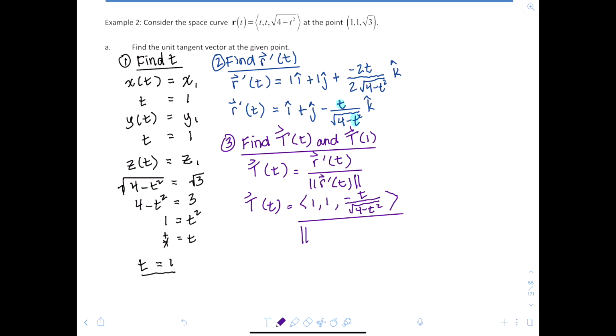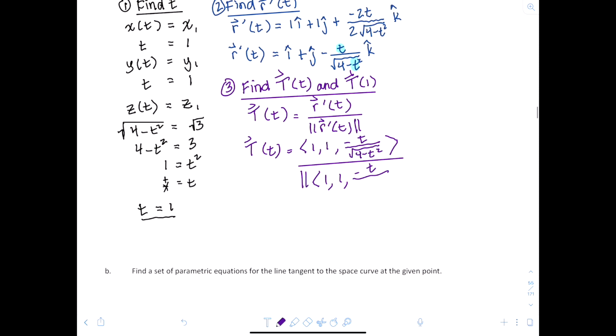The magnitude of 1, and then negative t over the square root of 4 minus t squared.